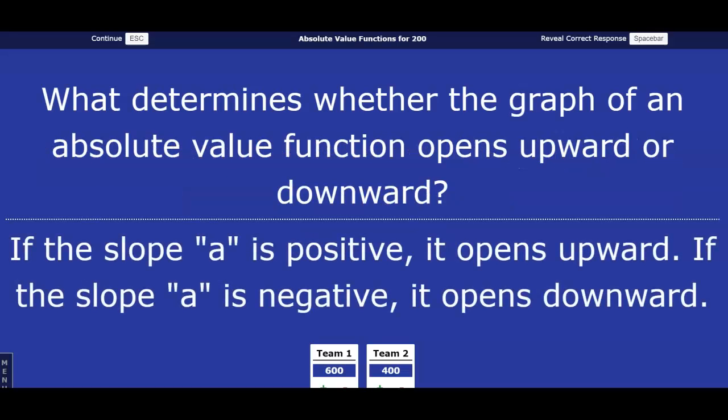All right, so if you don't know this, you may either want to A, take a picture of that, or B, write that down. If A is positive, it opens up. If A is negative, it opens down.